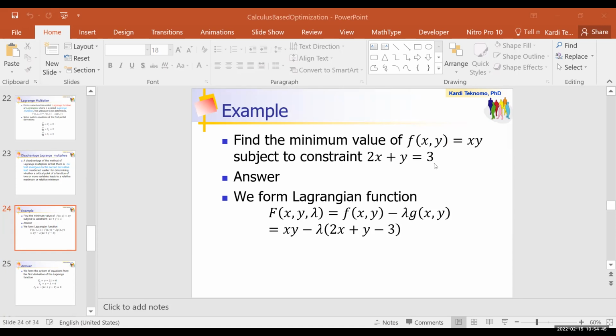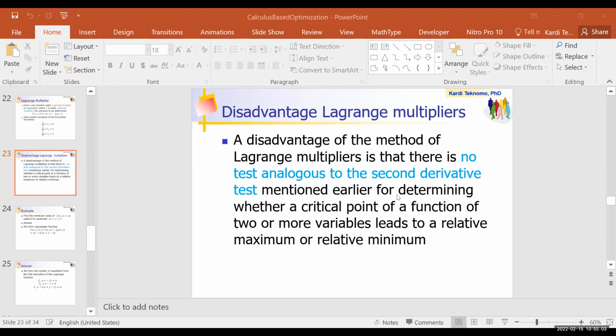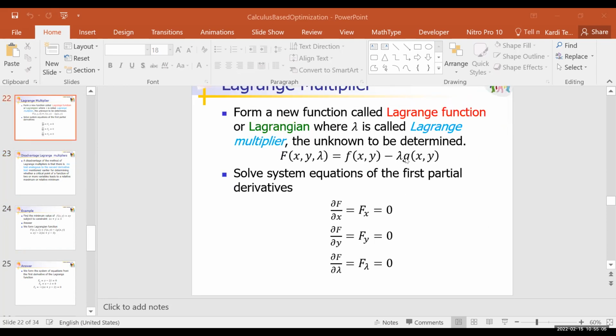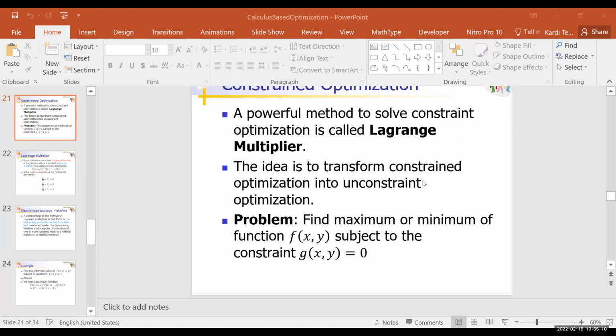Look at the constraint here, you need to put the constraint such that the right hand side is 0. So you minus 2x plus y minus 3, right? Because our goal is to create g(x, y) equal to 0.